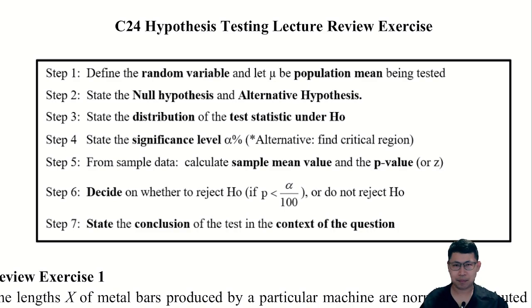This long process will take roughly 7 steps to do. The forward kind of problem is where they will give us the whole context, and we will need to perform the test and write out our conclusion. Step 1 is to define our random variable and the mu, the population mean that we are testing.